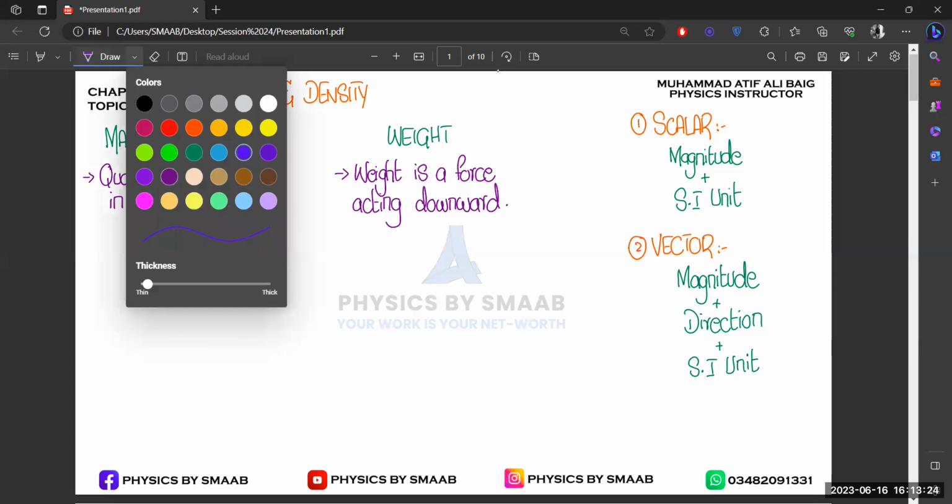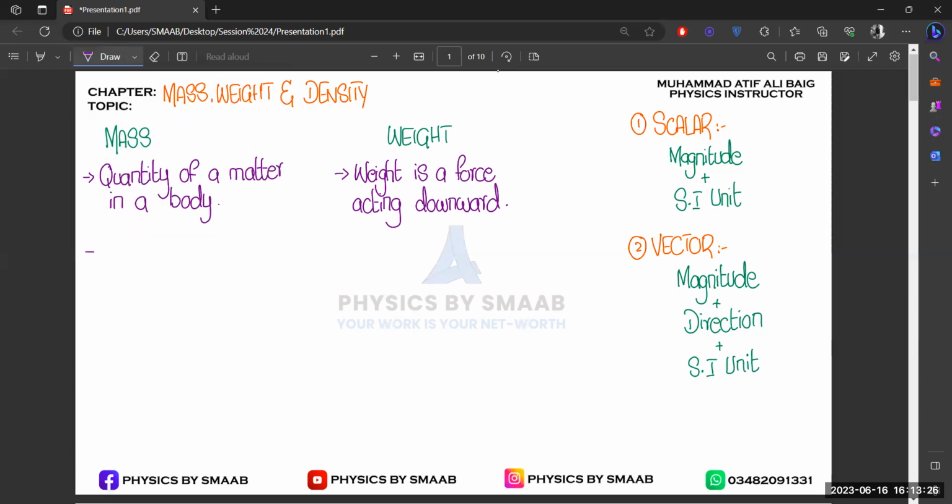If we talk about mass, so mass will be scalar quantity or vector quantity? मास में आपको क्या डायरेक्शन रिक्वायर्ड होगी या नहीं होगी? A vector quantity mass is. Mass is vector quantity. Okay.